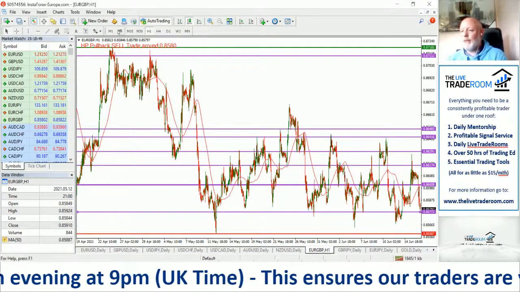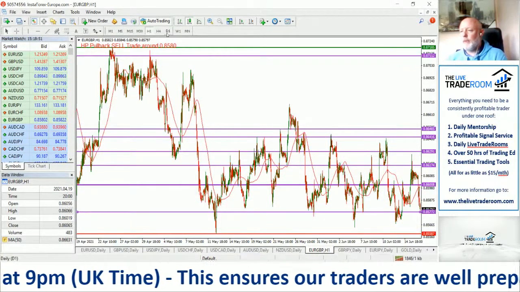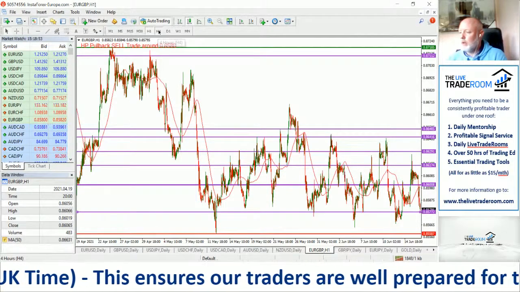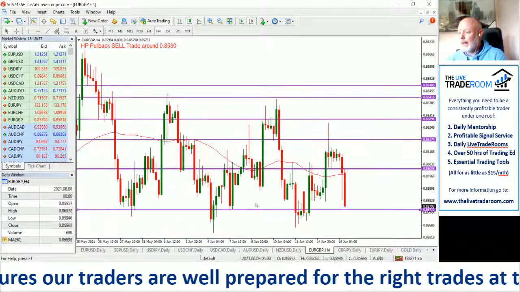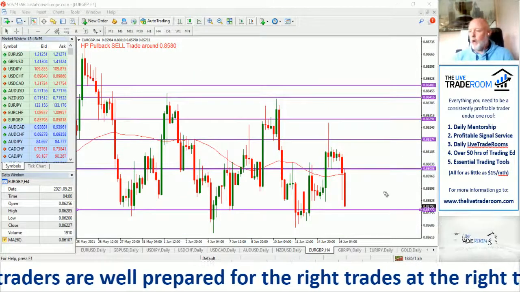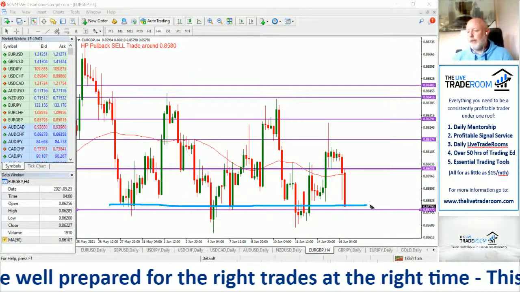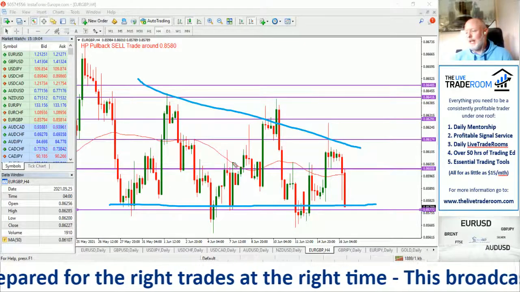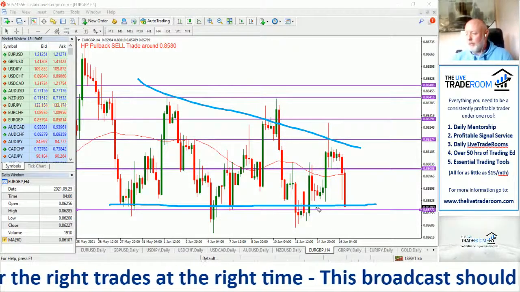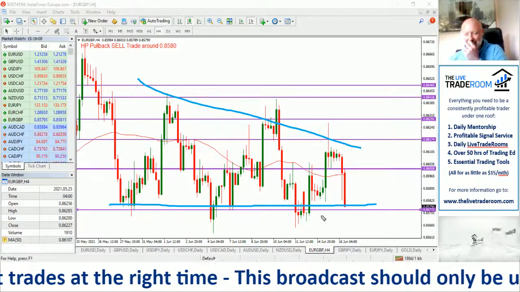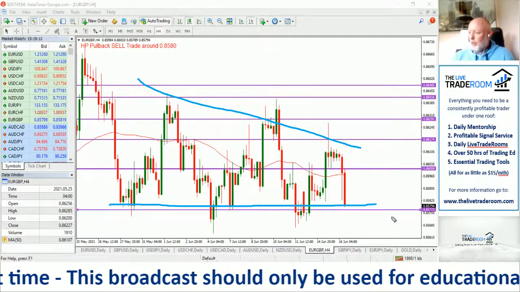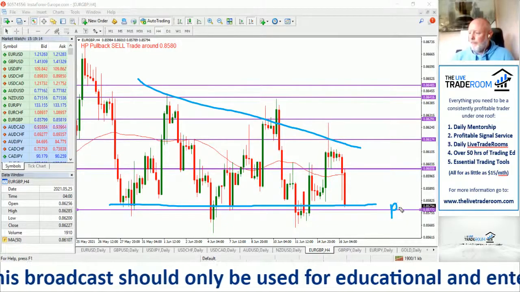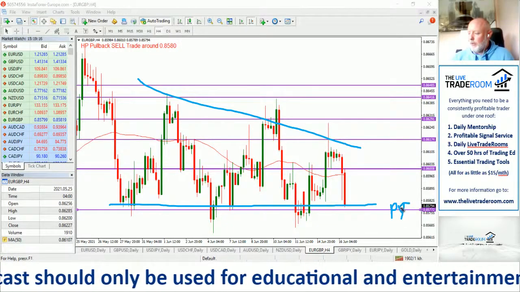What we can plan for, yeah, so what we can look for is, there's a descending triangle there for those of you that are familiar with your technical analysis. Oh, sorry.